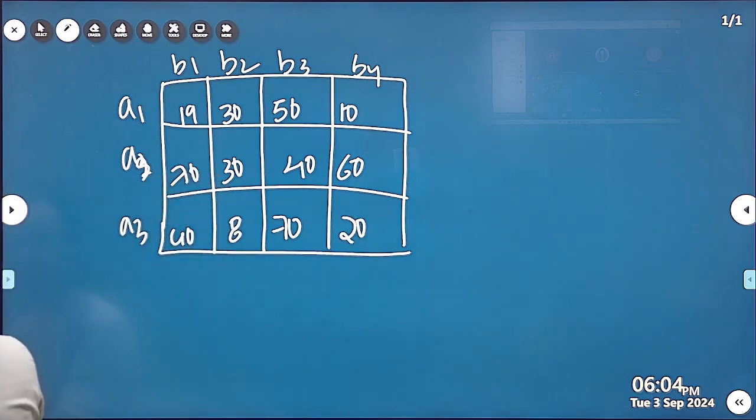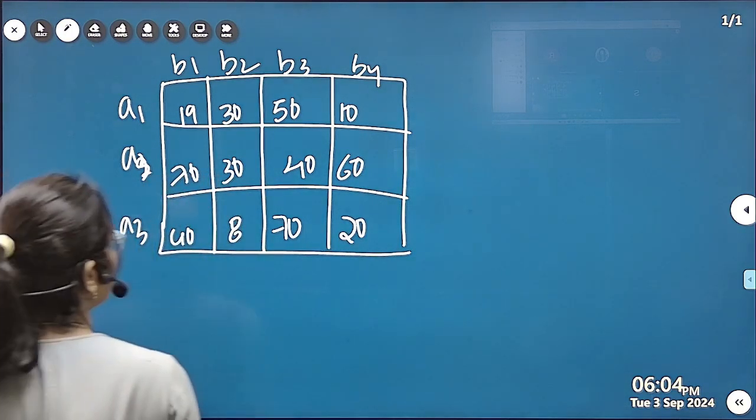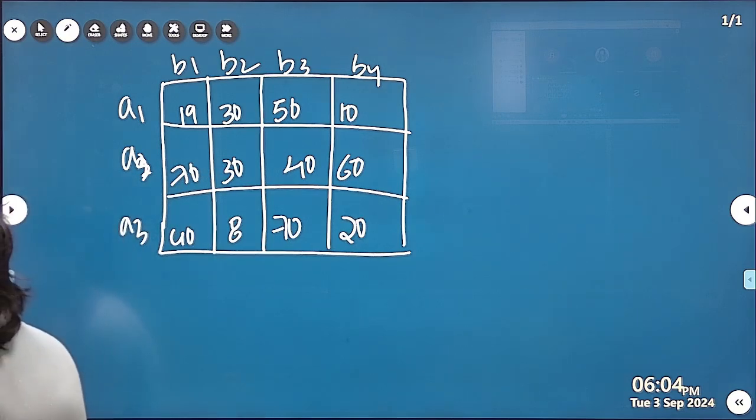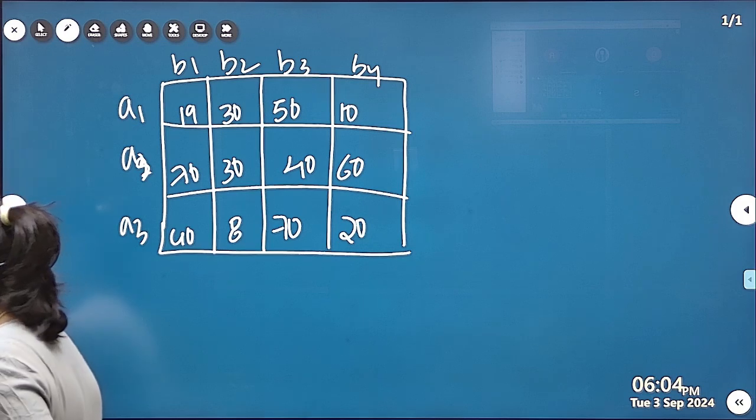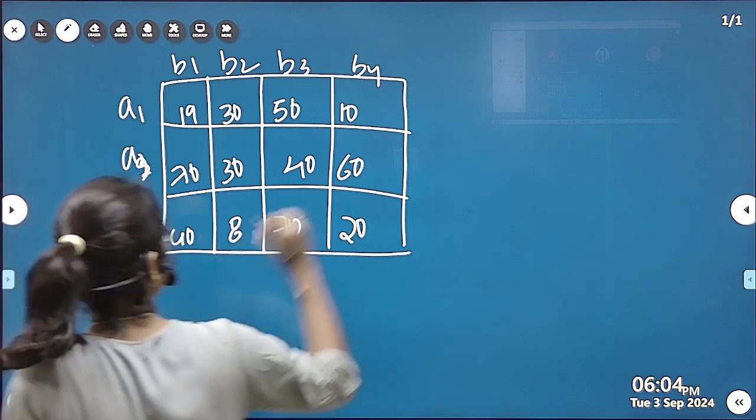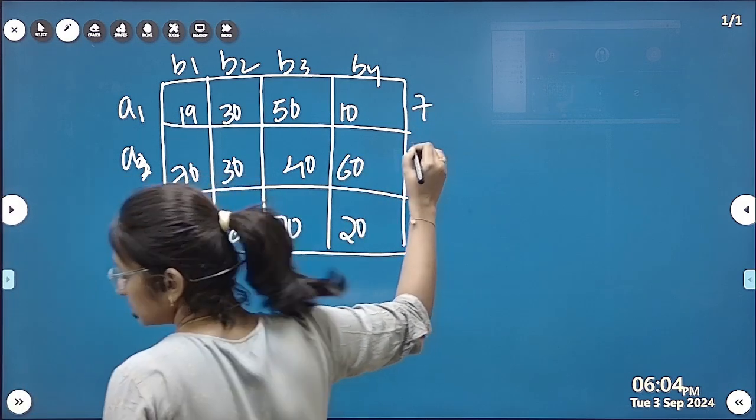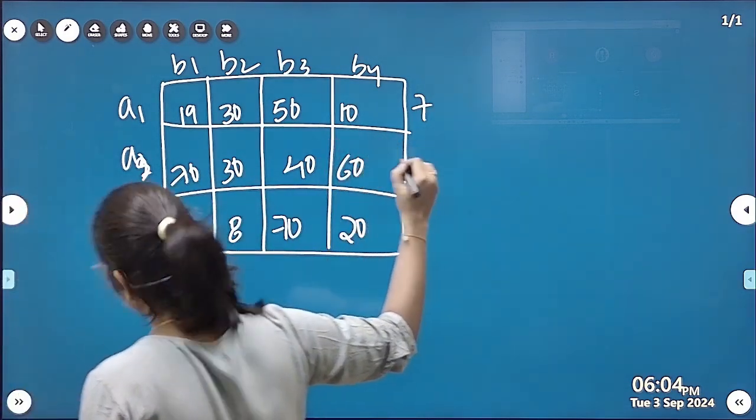So tell me the least cost in this. What will be the least cost? 8. We have not written the values, so tell me the values. 7, 9, 18.